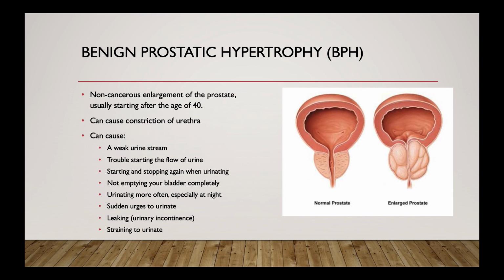So these are some of the symptoms you'll see. They have dribbling, a very weak urine stream. So many times in your elderly patients, you're going to give them a urinal and they're just going to take forever to pee. You just leave it there, let them try for quite a while, and it'll be a big project for them, but hopefully they'll get it out. But a lot of times they do retain urine in their bladder.